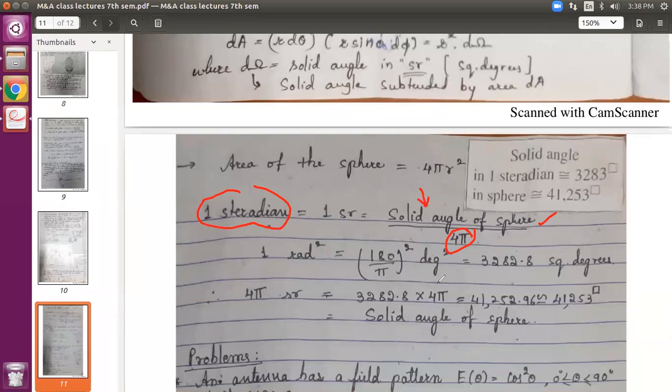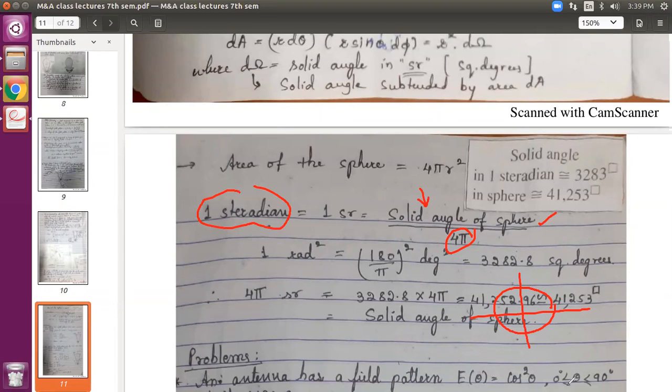Anybody knows what is the angle subtended by the sphere? What is the overall angle subtended by the circle? This is a circle. What is the maximum angle that you get? 360 for circle.